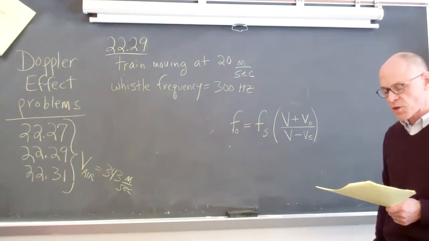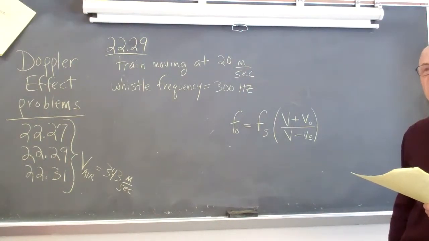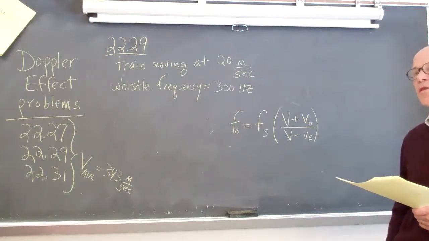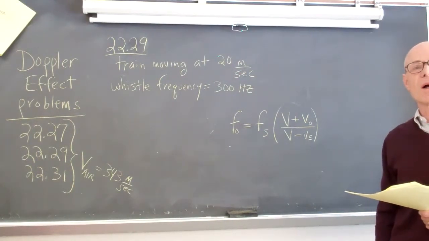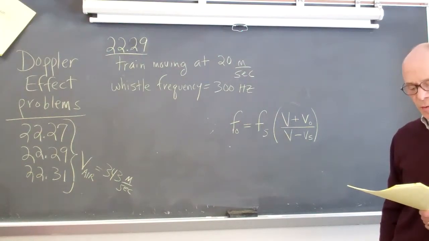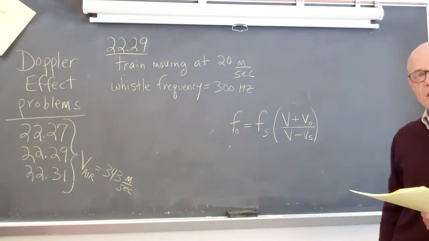And what are the frequencies heard by the observer as the train approaches and passes? Now you'll notice in the textbook you're given 3 answers. There's just the briefest of moments when the frequency heard by the observer might be 300 hertz, but let's just do the 2 situations, the approaching and the moving away.